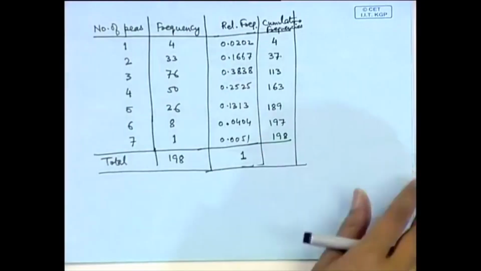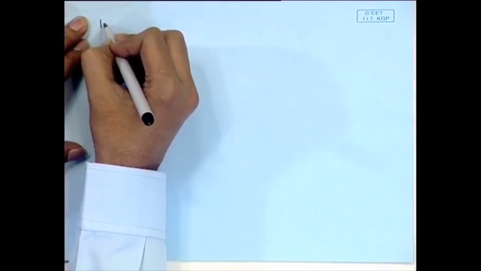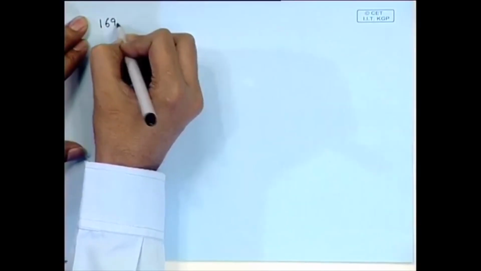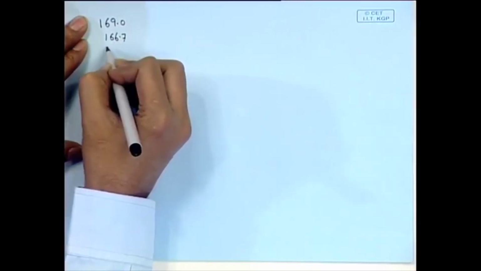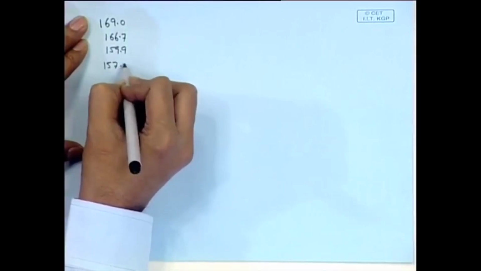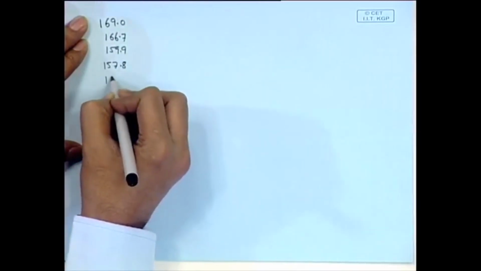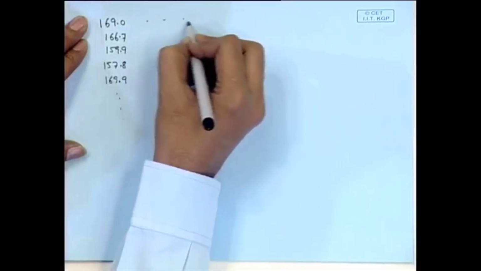So, raw data will be of the form, say, I will just give a few values here. The heights are recorded in centimeters of, say, Indian males. So, the heights may be in the form 169 centimeter, 166.7 centimeters, 159.9 centimeters, 157.8 centimeter, 169.9 centimeter, and so on.